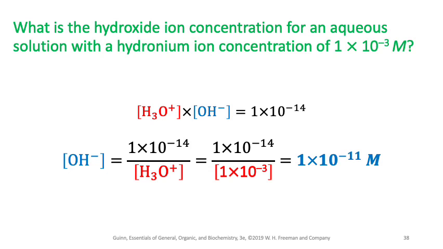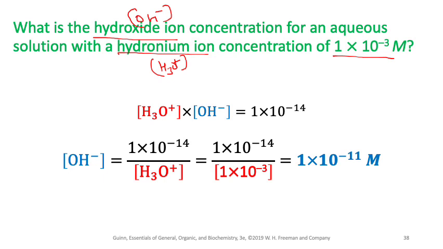Now let's try to do some problems based on the concept of the autoionization of water. The problem says, what is the hydroxide ion concentration, meaning OH negative ion, for an aqueous solution with a hydronium ion concentration? The H3O plus ion concentration is already given, which is 1 times 10 to the power negative 3 molar.